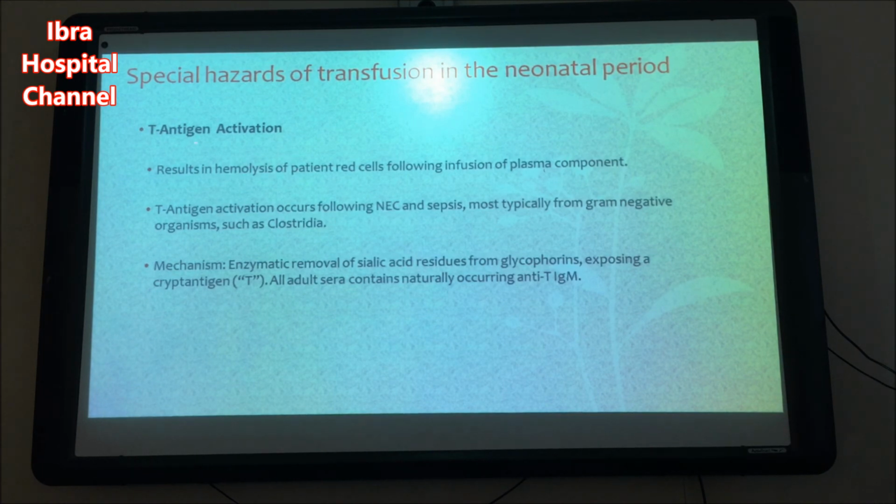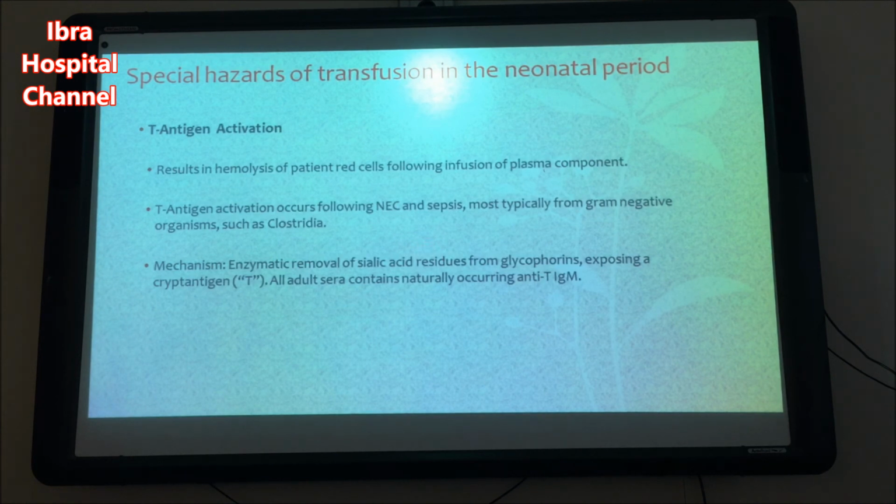Human donor blood will have naturally occurring antibody against T antigens. So you are giving the child who has necrotizing enterocolitis a hemolysis. You are hemolyzing his blood because he has necrotizing enterocolitis. This should be picked up in the blood bank.